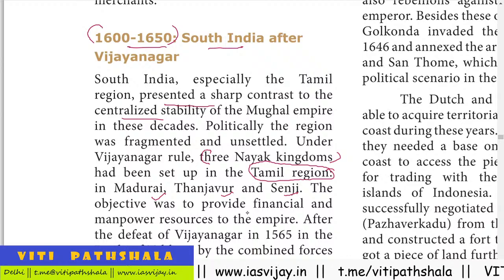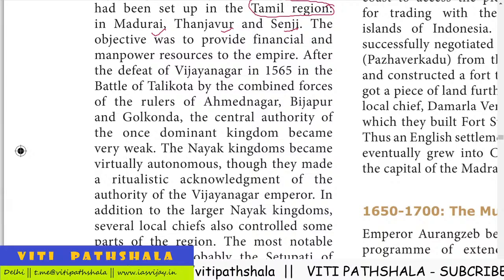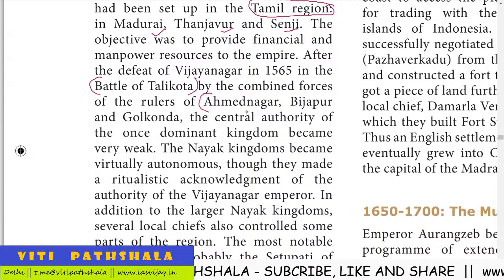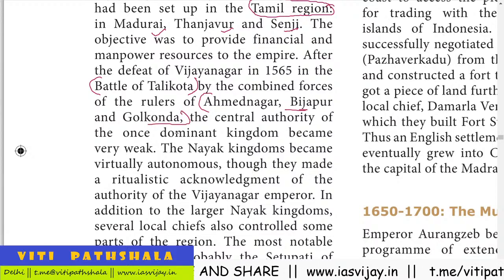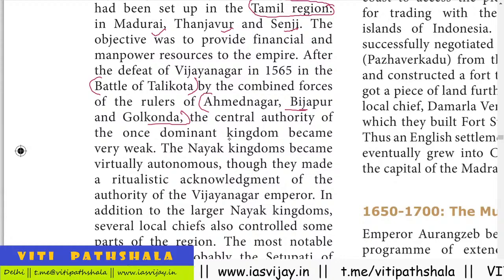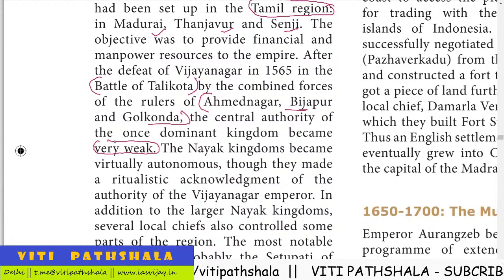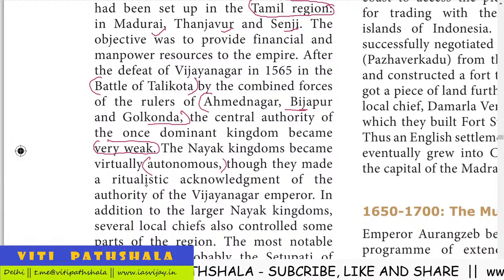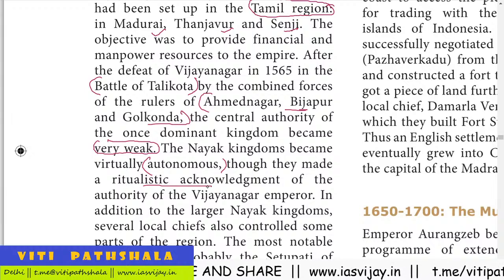After the defeat of Vijayanagar in 1565 in the Battle of Talikota by the combined forces of Ahmednagar, Bijapur and Golconda, the central authority of the once dominant kingdom became very weak. The Nayak kingdoms became virtually autonomous, though they made a ritualistic acknowledgement of the authority of the Vijayanagar Empire.